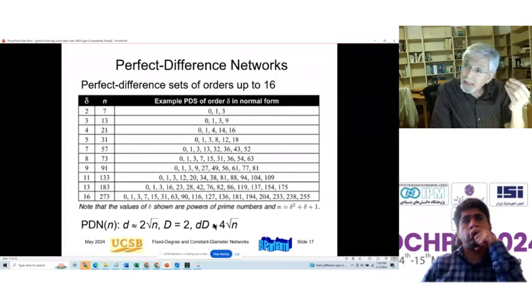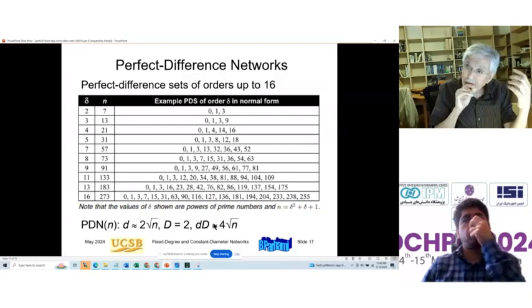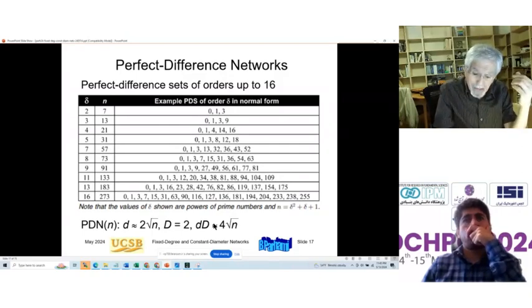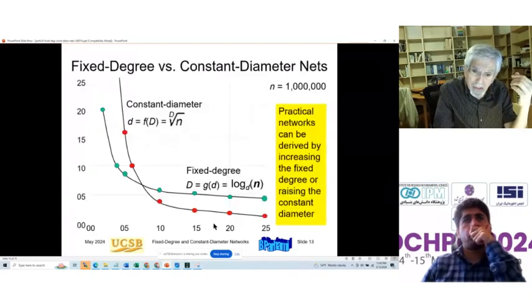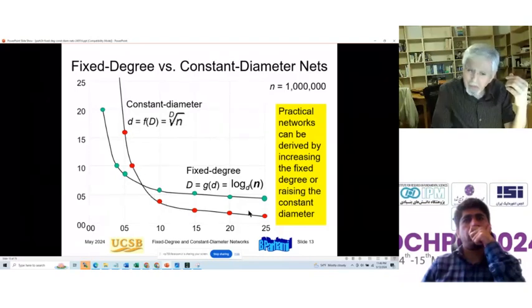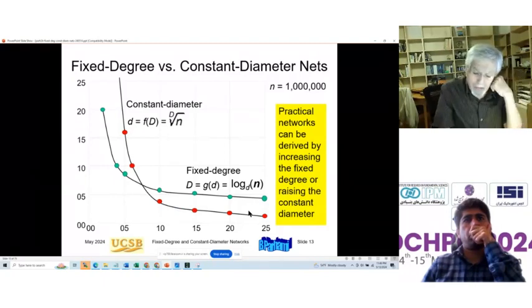So the question is, can I build networks of diameter 3, networks of diameter 4? Okay, so if I go back to that chart that I showed you, as the diameter grows, I can use nodes of smaller and smaller degrees that may become practical.